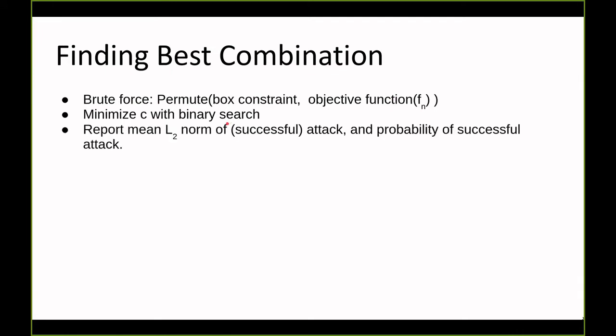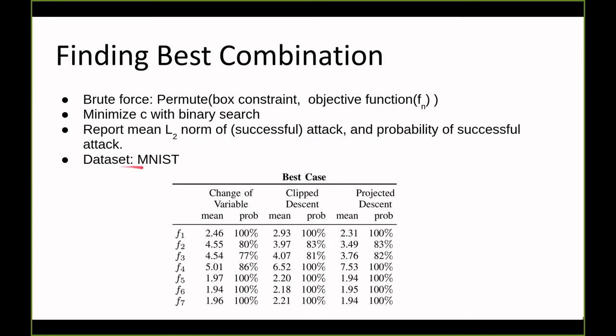And here they report the L2 norm of successful attacks and the probabilities of successful attacks. This is on the MNIST data set. Each one of these blocks here gives the results for a specific type of dealing with the box constraints. And on each row we have the individual functions.